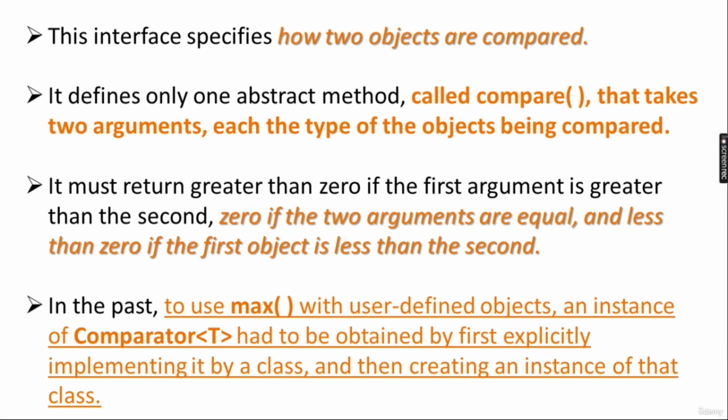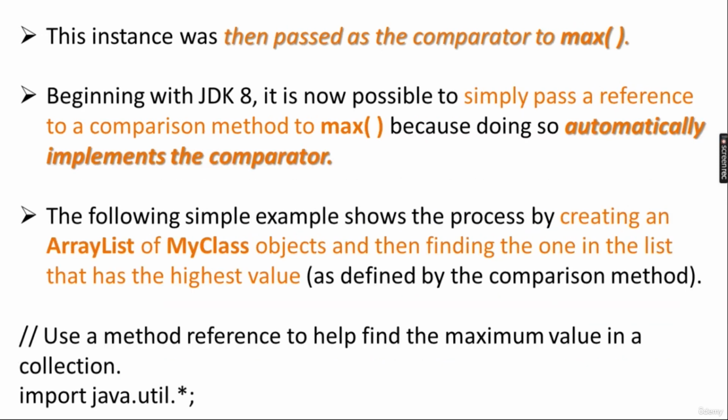So first we had to declare a class that implements the Comparator interface, and then create an instance of that class to compare two objects. The instance was then passed as a comparator to max.